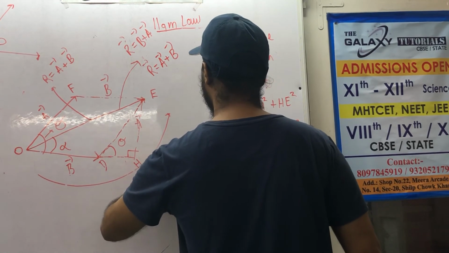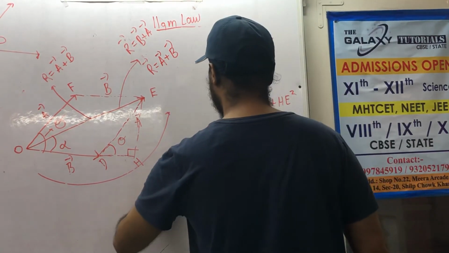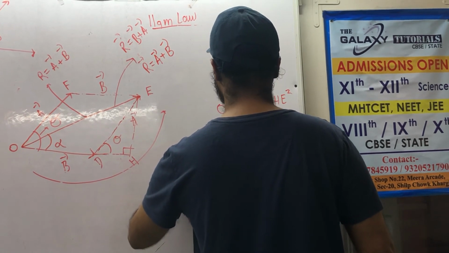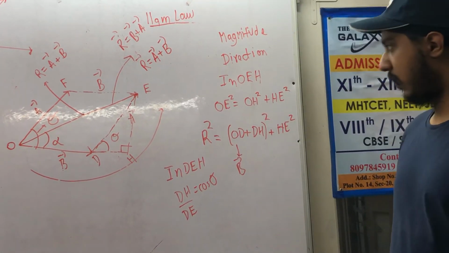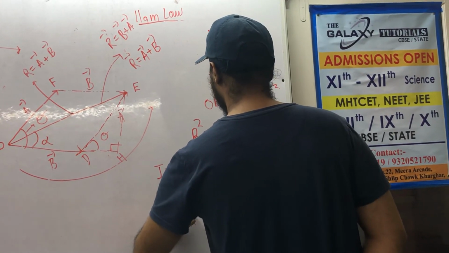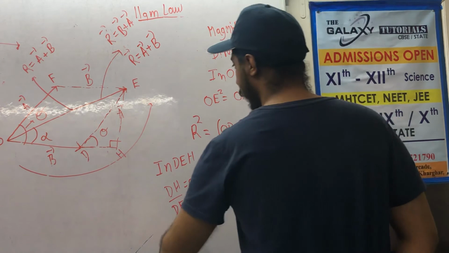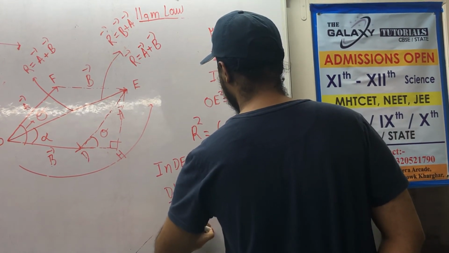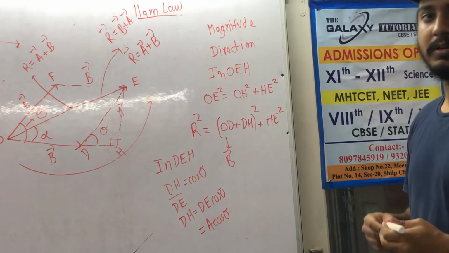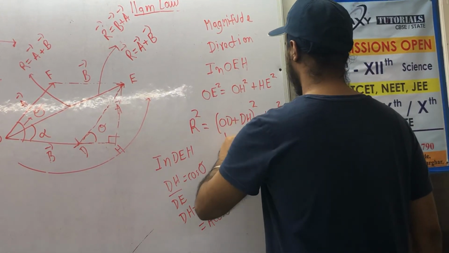So in triangle DEH, DH upon DE is equal to cos theta. Here DH will be DE cos theta. And what is the value of DE? The value of DE is A. So this will be A cos theta.